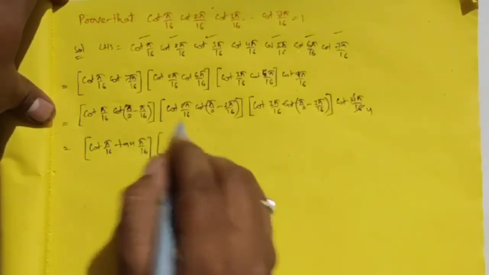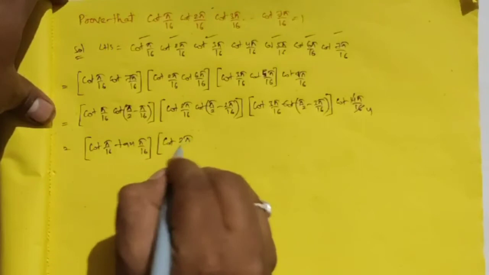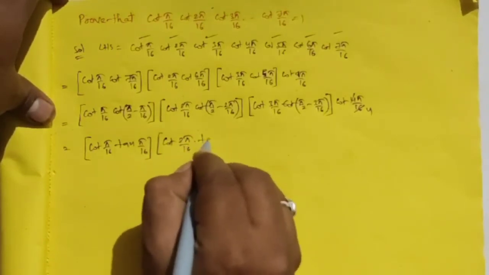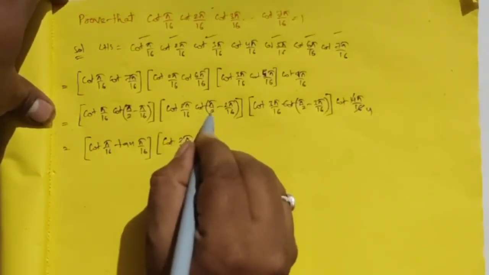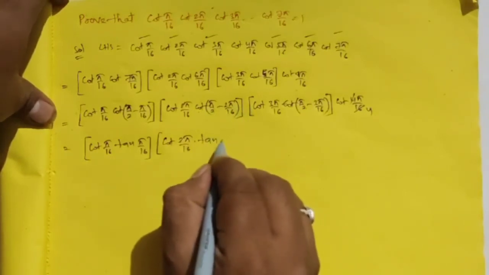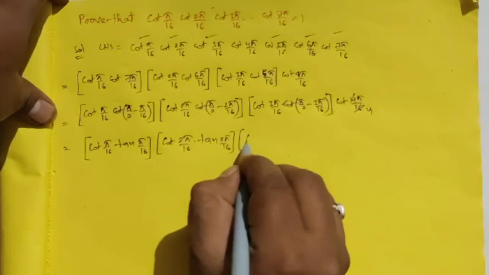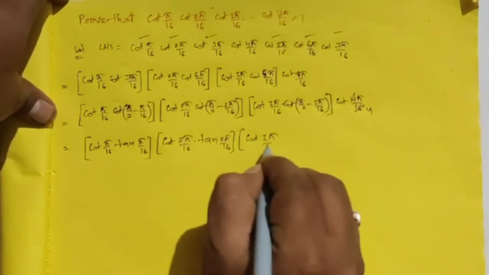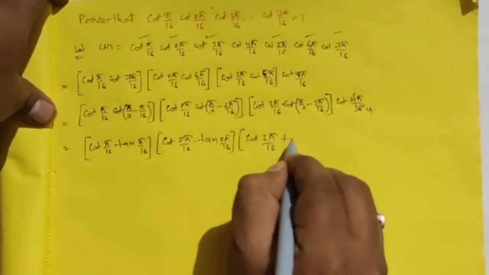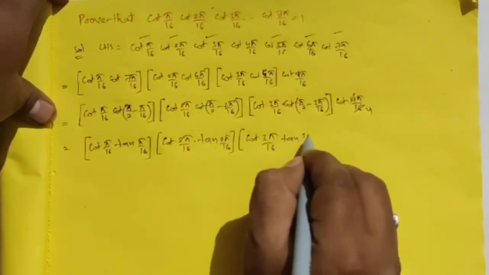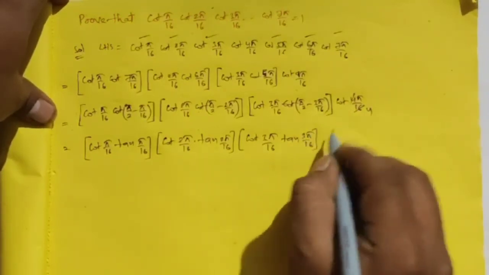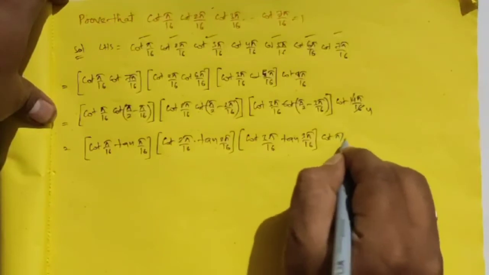Then cot of 2 pi by 16 into tan of 2 pi by 16. Then cot of 3 pi by 16 into tan of 3 pi by 16. Then we have cot of pi by 4.